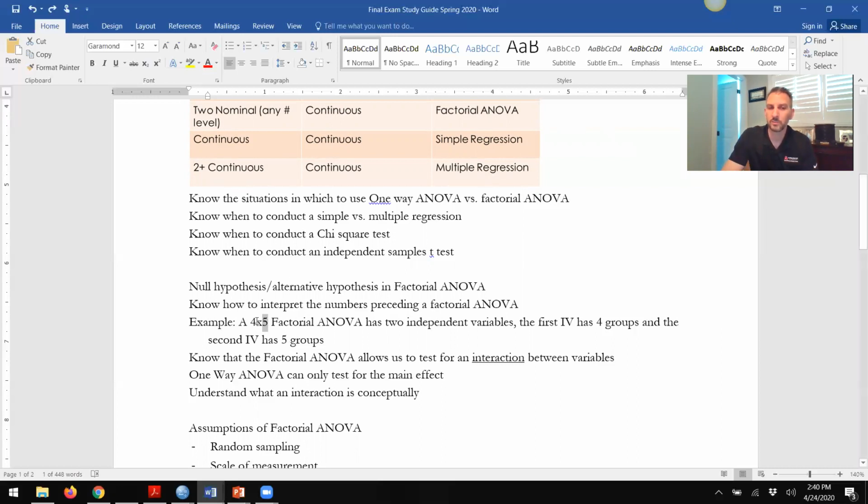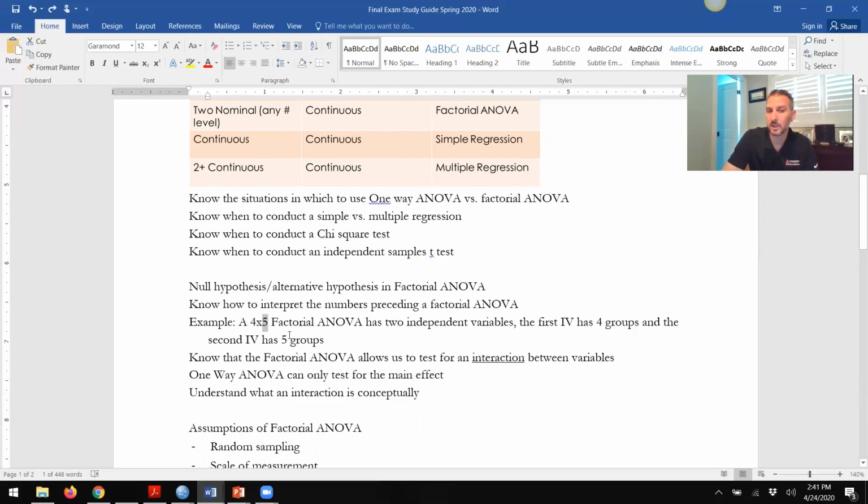The number itself is important. So it means that the first independent variable has 4 groups because it's a 4. And the second independent variable has 5 groups because it's a 5. And so this is looking at those two independent variables that are nominal. You're looking to see how they are related to some continuous variable.